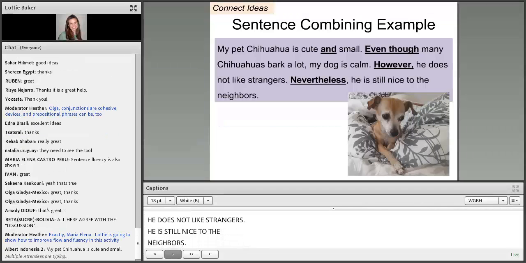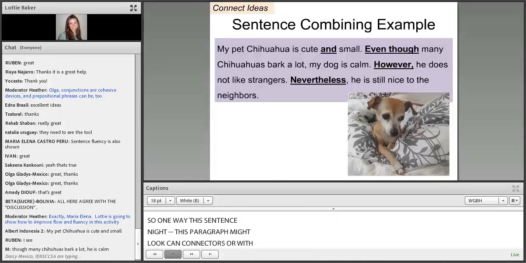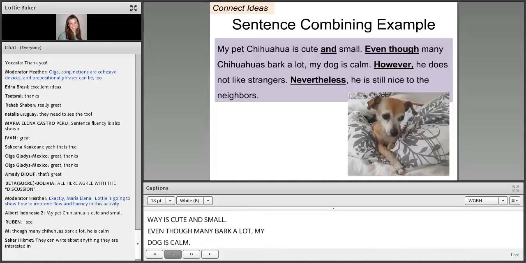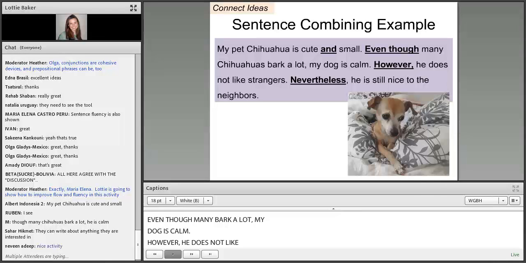So one way this paragraph might look with connectors or with cohesive devices is my pet Chihuahua is cute and small. Even though many Chihuahuas bark a lot, my dog is calm. However, he does not like strangers. Nevertheless, he is still nice to the neighbors.